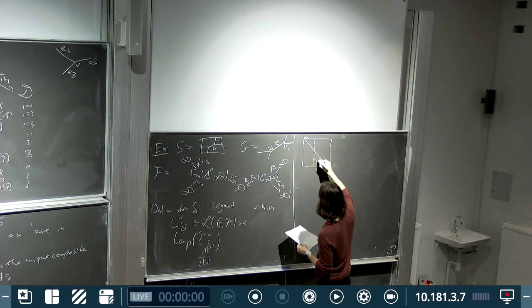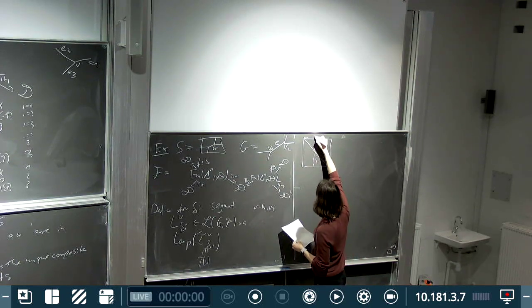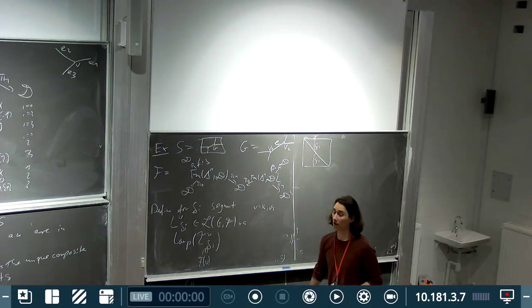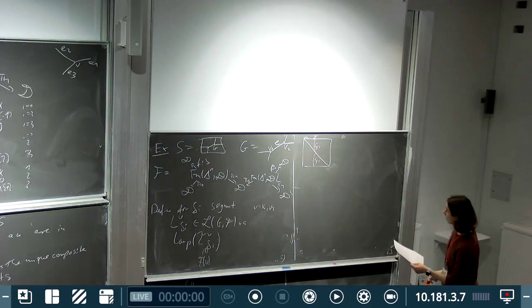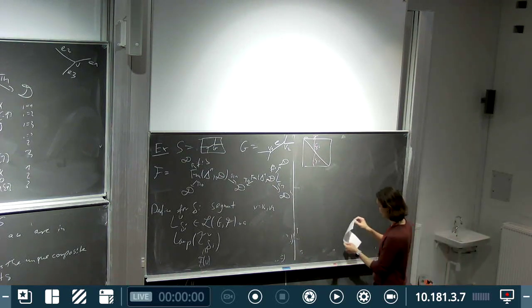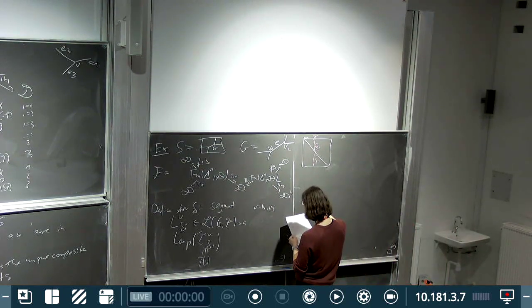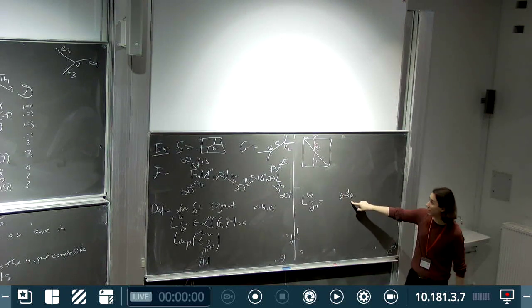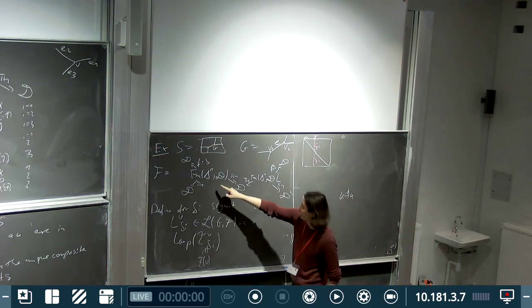So this is delta 1, this is delta 2, and the entire thing is gamma. Then, let me write it. So L V1 delta 1, this will be k goes to k. So this is the value at V1 here.